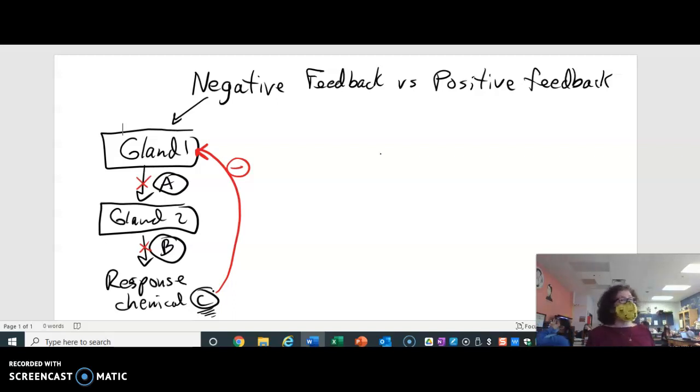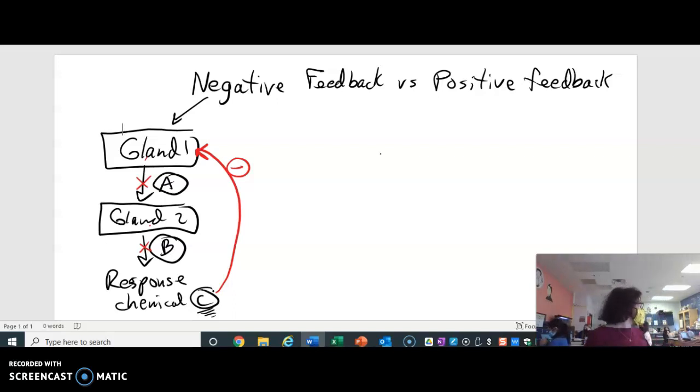The testosterone example is also negative feedback, right? So not thinking about anabolic steroids getting in the way here, but just the natural pathway in the male human body. You start with the hypothalamus here, and then you have the pituitary, and then the testes secrete testosterone. And when the testosterone builds up, it feeds back and turns off the beginning steps, right?